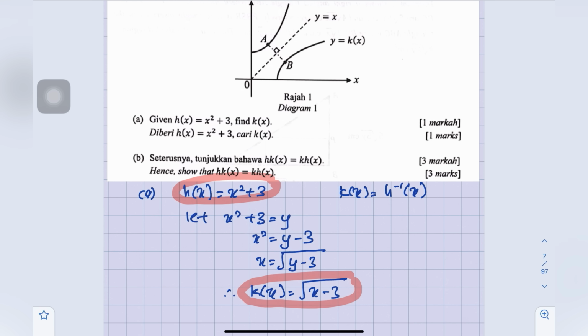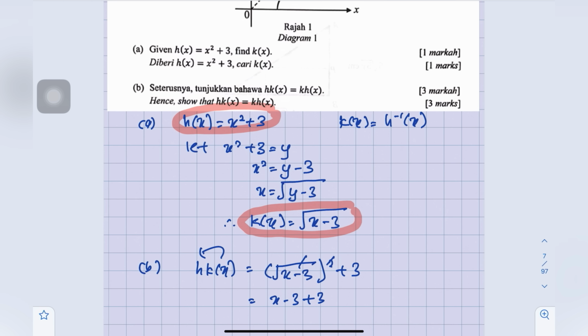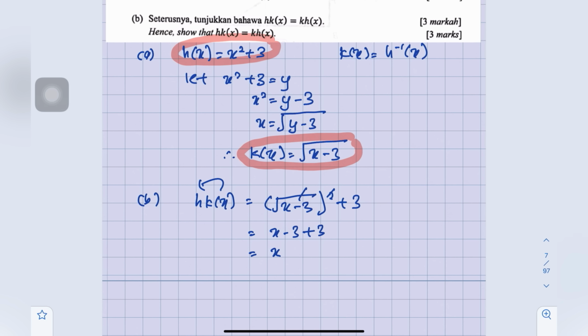We want to find hk(x), meaning that k into h. So (square root of x minus 3) squared plus 3. So they eliminate, so x minus 3 plus 3, which equals x.